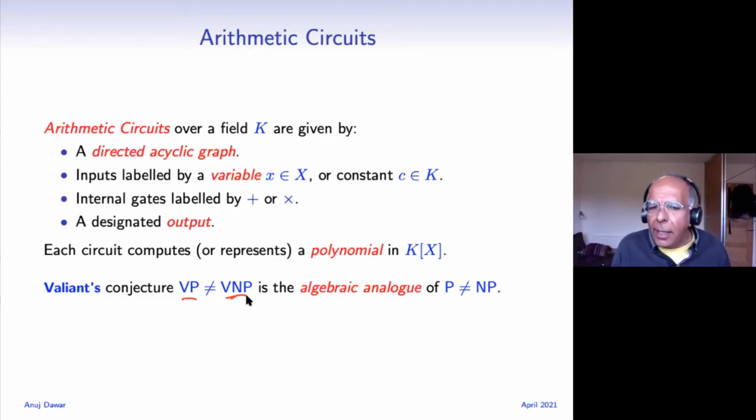It's not entirely analogous, and there is no implication either way known. I think it's known that if VP equals VNP, then you get a collapse of the polynomial hierarchy to some finite level, but I don't remember the exact details of that. But the point is that this problem has remained open for 40 years. It was formulated by Valiant in 1979, and it remains as elusive as the P versus NP problem.